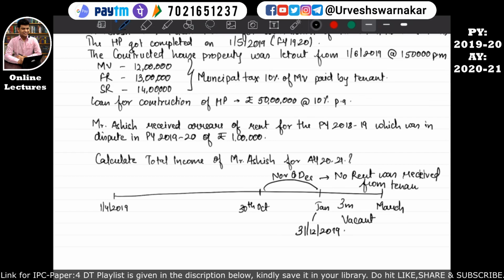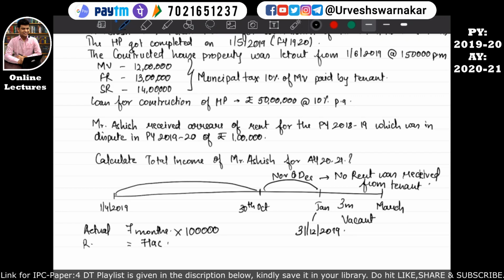I hope this is quite clear. So our actual rent is 1st April to 30th October. That comes to around 7 months. How come I'm saying 7 months? April, May, June, July, August, September, October. That is equal to 7 months. So 7 months into 1 lakh is equal to 7 lakhs actual rent.